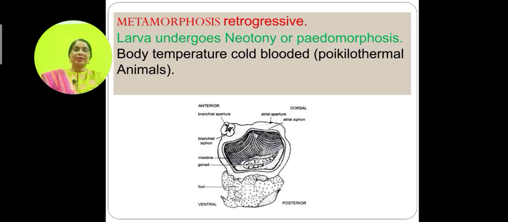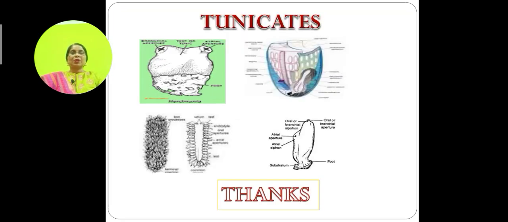Here again is the structure of Herdmania, showing the branchial aperture and atrial aperture, the different organs and the presence of the test. These characters, which are present only in tunicates, make them very special, and they are categorized under the subphylum Urochordata of the phylum Chordata.